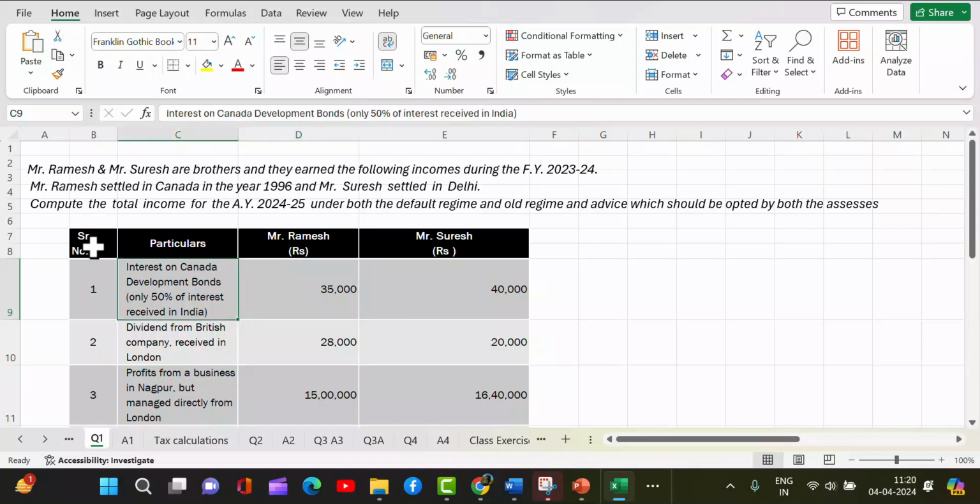But read this: interest on Canada development bonds, only 50% of interest received in India. So he has received it, and though he's a non-resident, this money has been received in India. Of course, if he's a non-resident, his income earned abroad will not be taxable. But if it is received in India, it becomes taxable, isn't it?